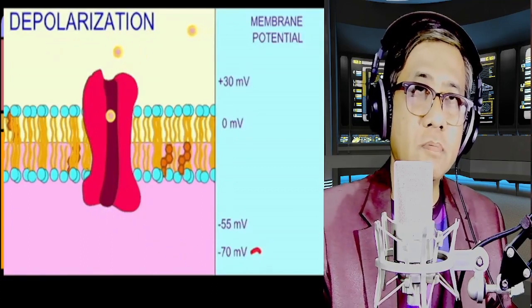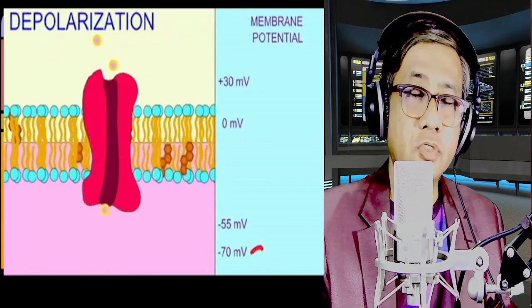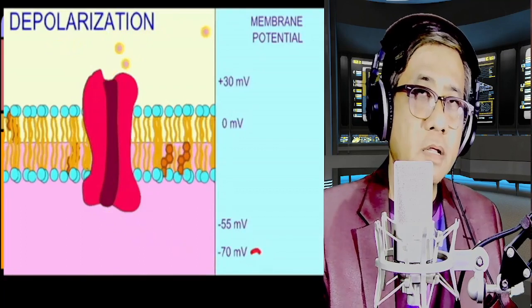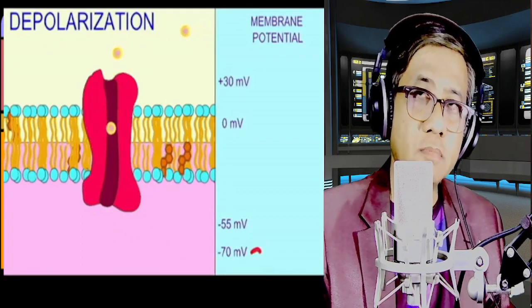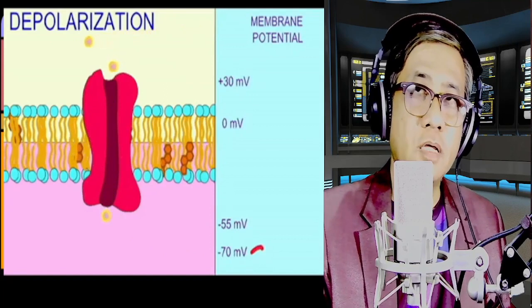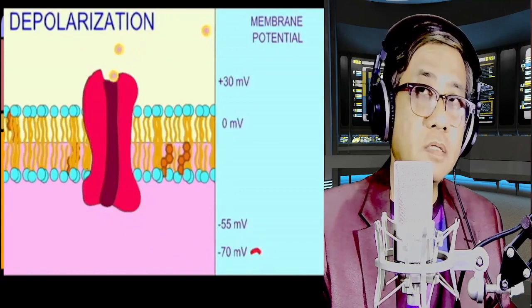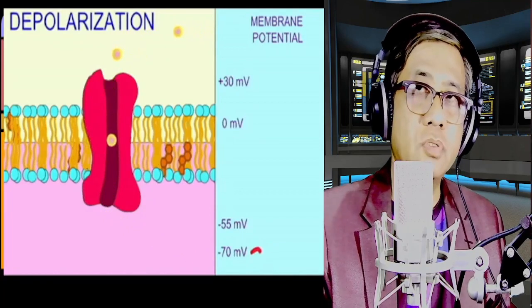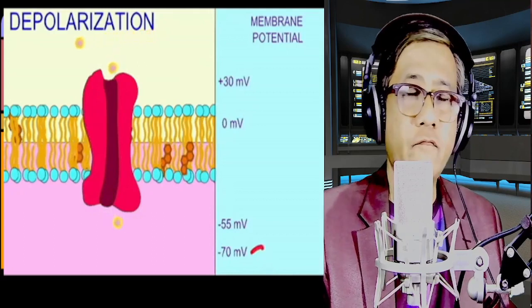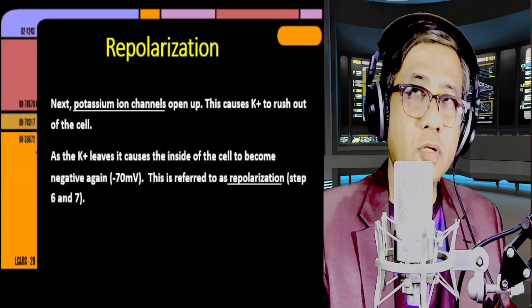This entry of the sodium ions creates a change in the charges wherein the inside of the cell becomes positively charged and the outside of the cell becomes negatively charged. So there's now a change in polarity, and this is what we call depolarization, and this drives the transmission of the nerve impulse.